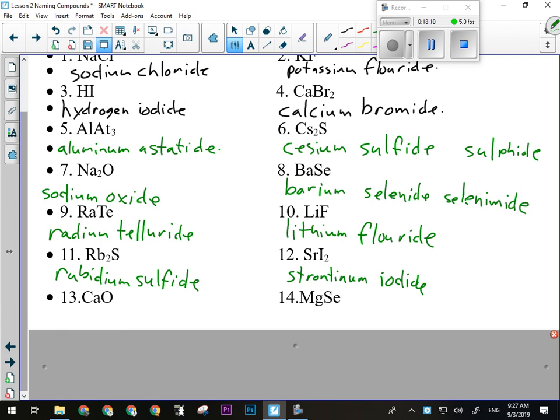Then we've got calcium oxide and magnesium selenide. Again, the big thing here is just to break the capital letter habit when you are writing the names of chemical compounds.